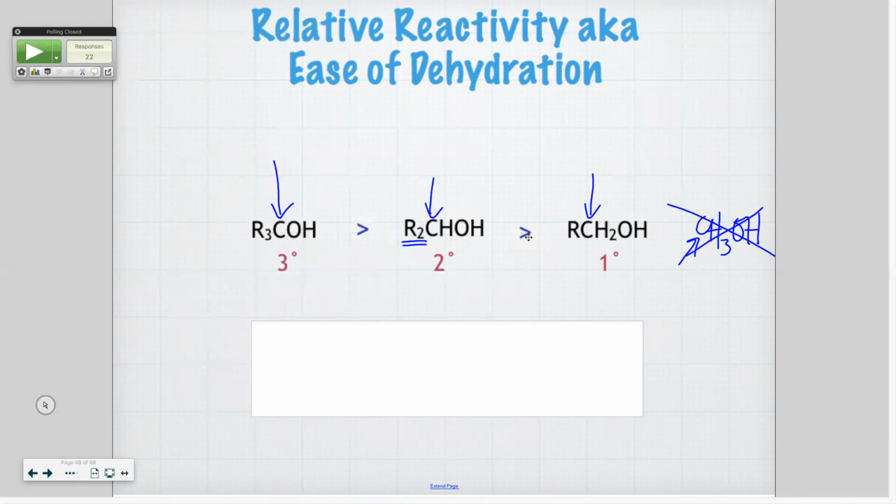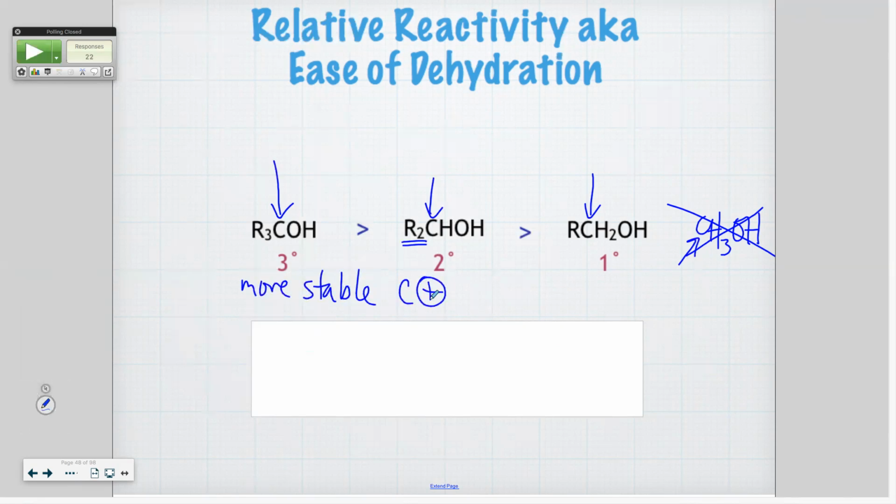What did we make in our mechanism, first of all? We made double bonds, but what other intermediate did we make? We made carbocations. What's the most stable carbocation? More stable carbocation.